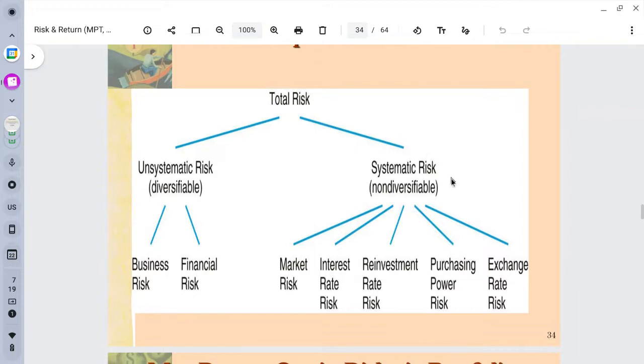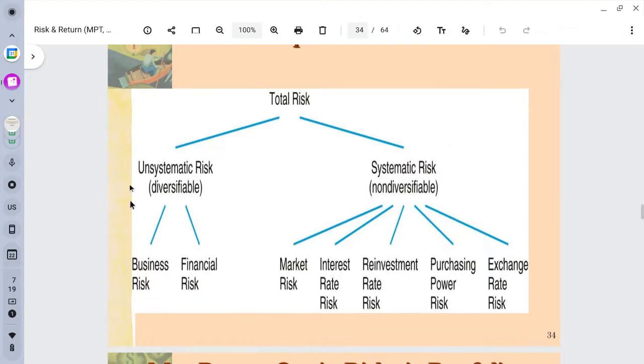One, systematic risk. It's originally systemic, but it's called systematic as well. It's going to be clear later on.